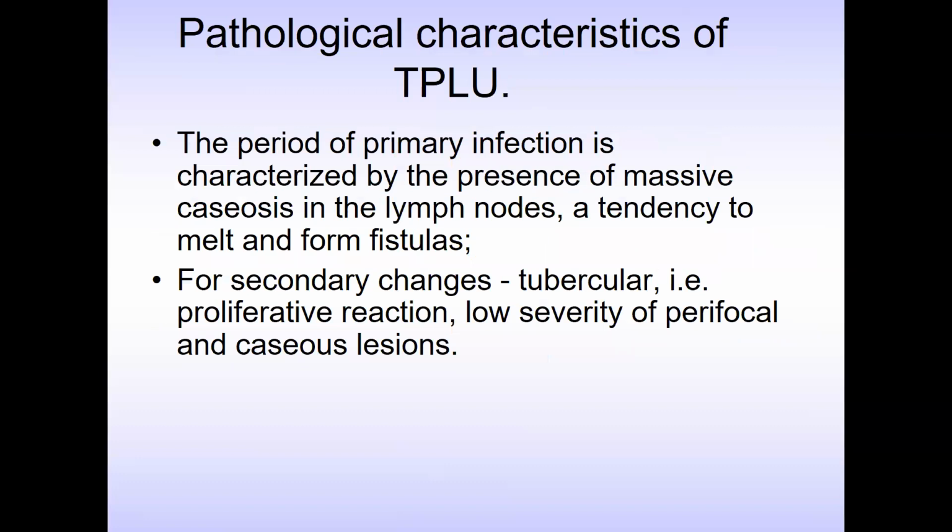Pathological characteristic: the period of primary infection is characterized by the presence of massive caseosis in the lymph nodes or fistula formation. The secondary changes are tubercles, low severity of perifocal and caseous lesions.